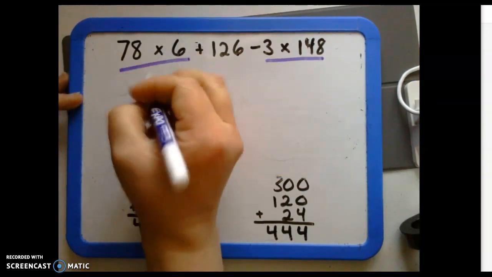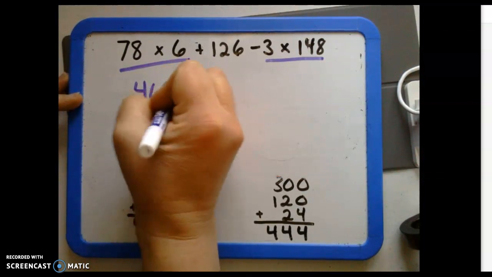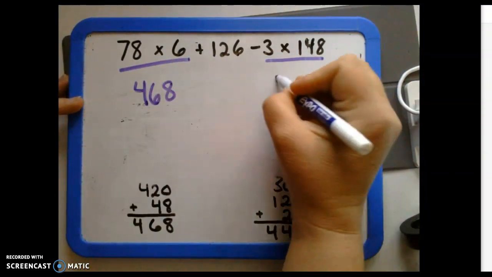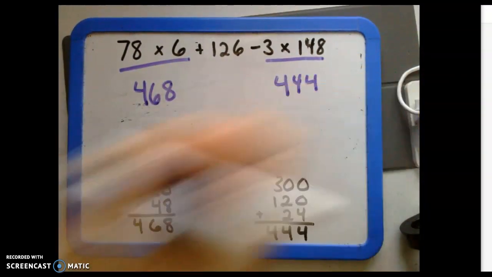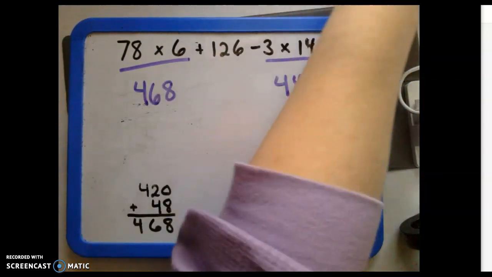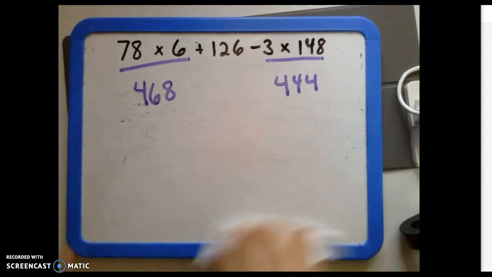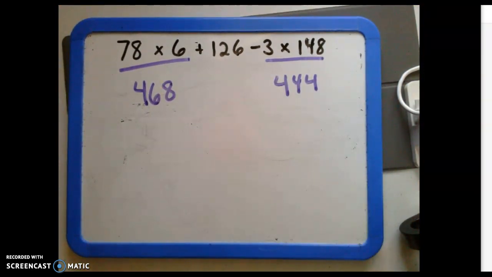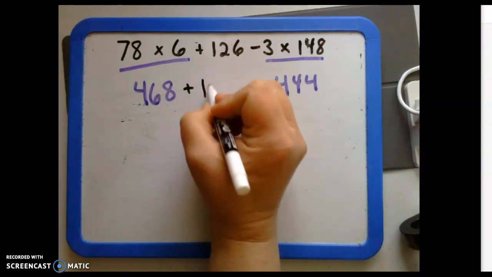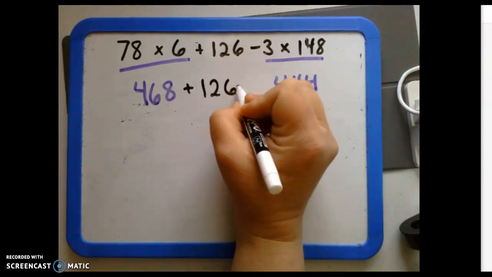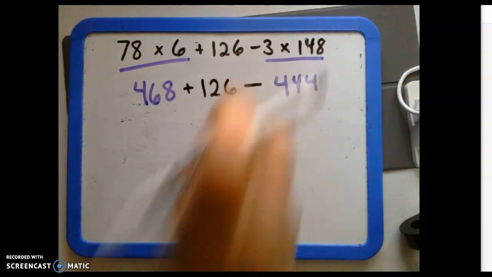So I'm going to take this and rewrite this. This was 468, and this answer was 444, right? Okay, I'm going to take the rest of my equation and rewrite it down here.